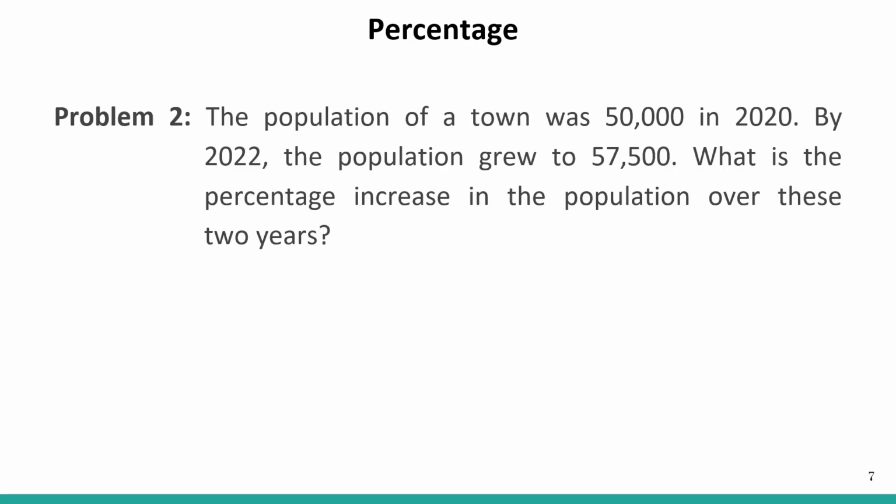Let's see problem number 2. It asks us that the population of a town was 50,000 in 2020. By 2022, the population grew to 57,500. What is the percentage increase in the population over these 2 years?